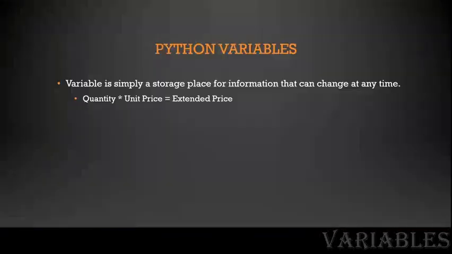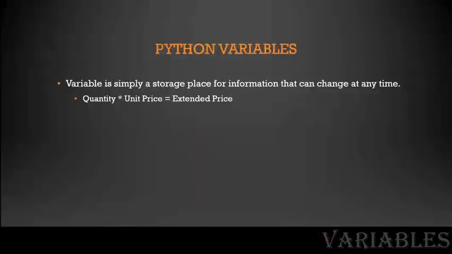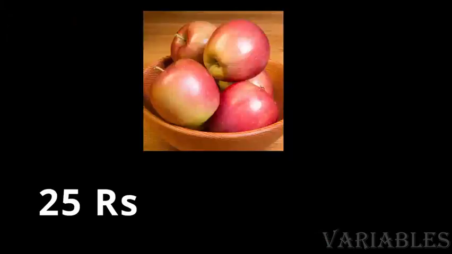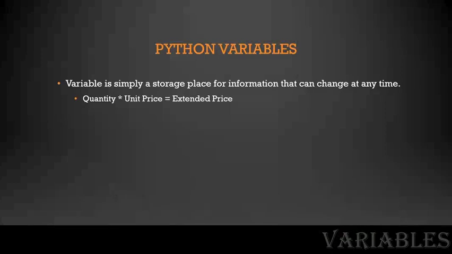If it stores that, and you are buying 5 apples, and the price per apple is 25 rupees, then 25 rupees into 5 gives us 125 rupees. That will be my extended price. This 25 rupees per unit can already be saved. So that is a very basic Python example.